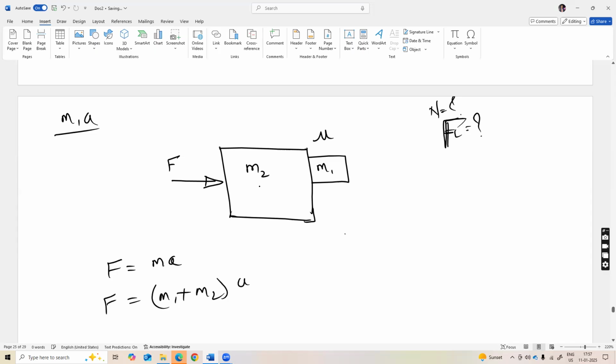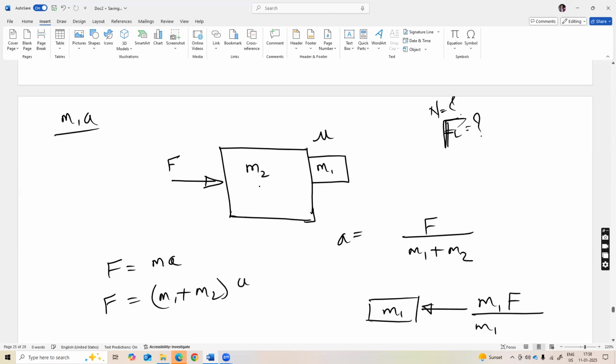So acceleration in this case is F upon m1 plus m2. Now if you consider mass m1 and apply pseudo force, it will be m1 into F divided by m1 plus m2, because it is equal to ma.